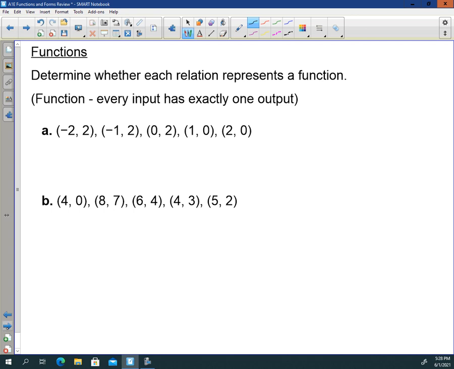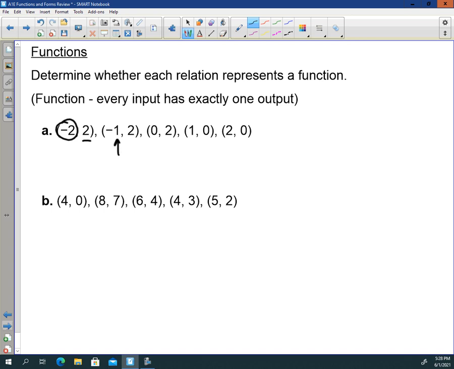So for example, in part A, this is a relation because it's a series of pairs. Notice that -2 only shows up once in this, so -2 is an input. And -2 does not have any other output. It doesn't show up anywhere else in this list.